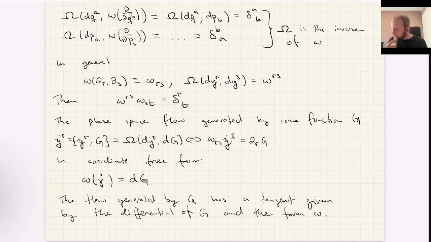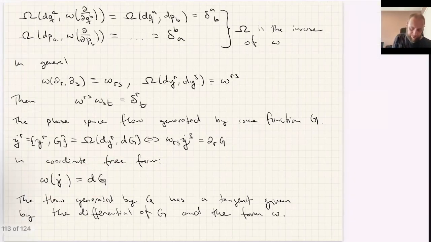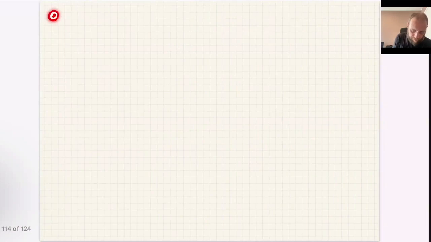Okay, so just an observation here now regarding this omega, this two form.